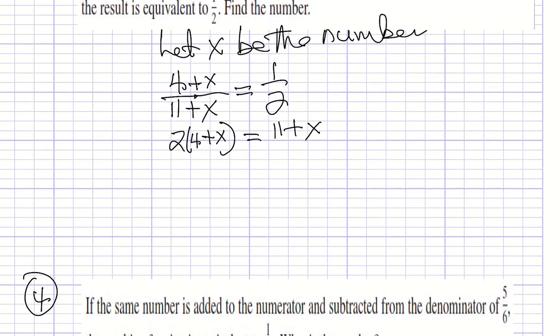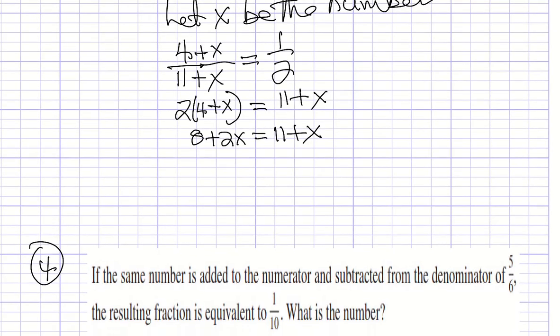So you keep simplifying, you get 8 plus 2x equals 11 plus x. You move x over to the left, move 8 over to the right, you get 2x minus x equals 11 minus 8.